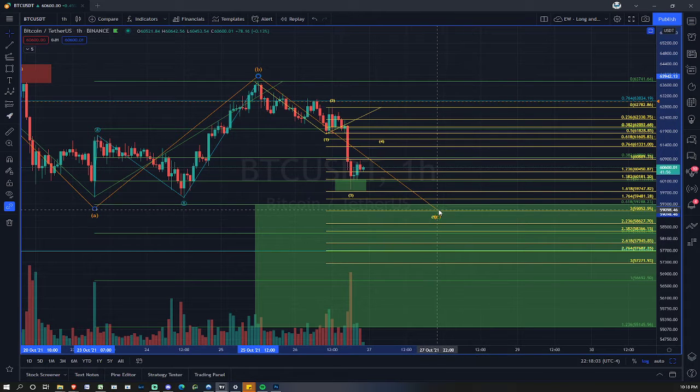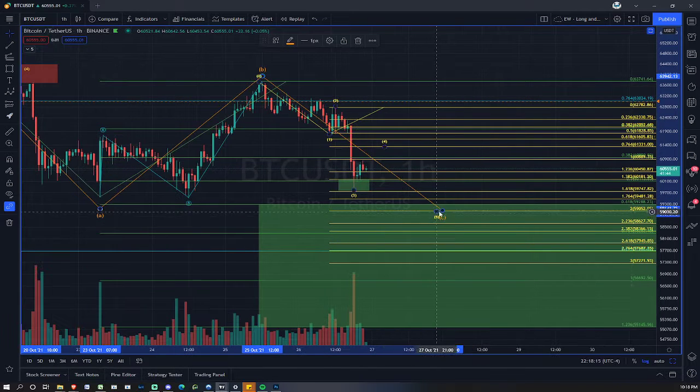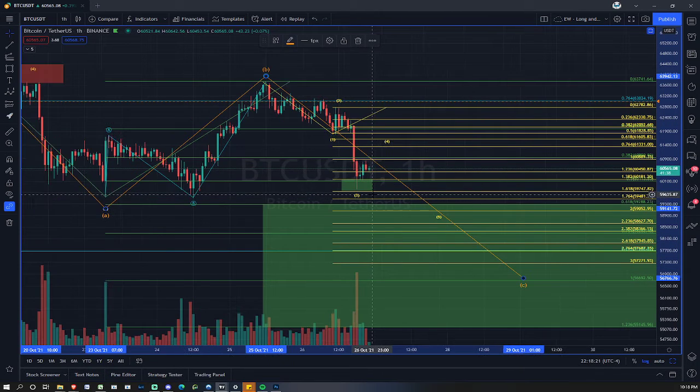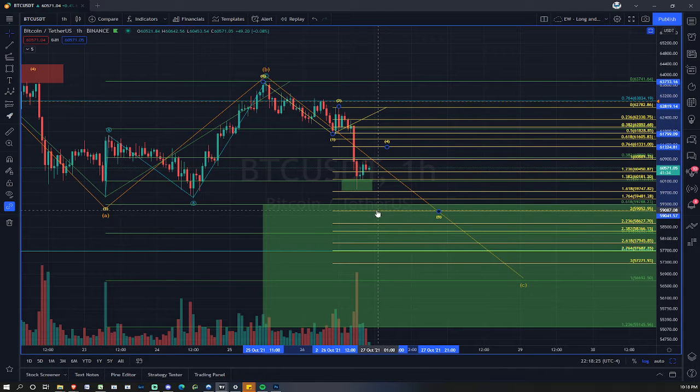So it is possible that we only get a shallow C and we get around that 59K area based on these waves. So that is potential, and we'll have to see what happens if we get further down than that. It's going to have to be either that this 3rd hasn't actually quite completed yet and we get an extension in it, or the 5th wave can certainly extend.